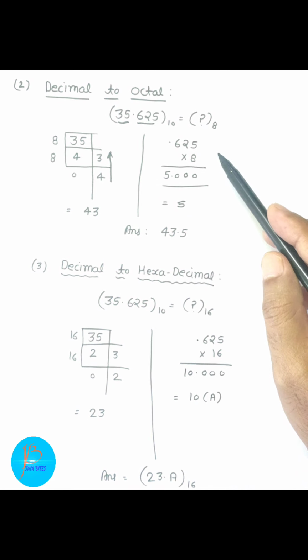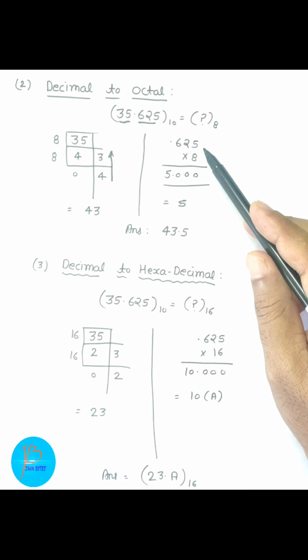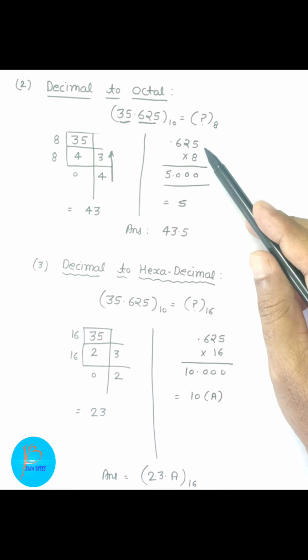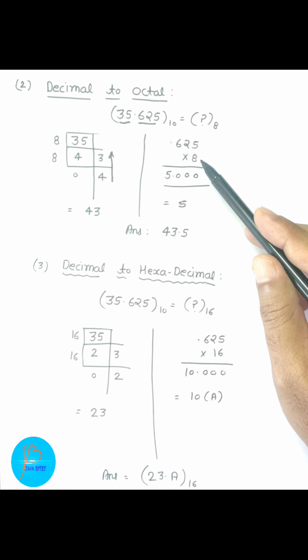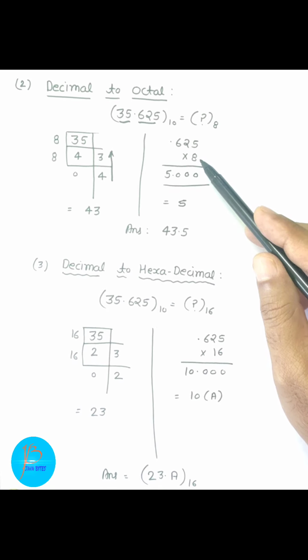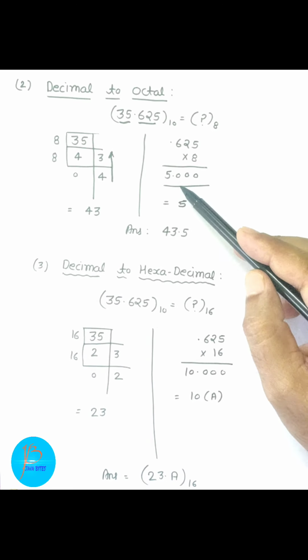After that, children, you take the fractional part, 0.625, and start multiplying it by 8. In the previous example we multiplied it by 2 because we were converting the number into its binary equivalent, but here we have to convert it into octal, so you multiply the fractional part by 8.